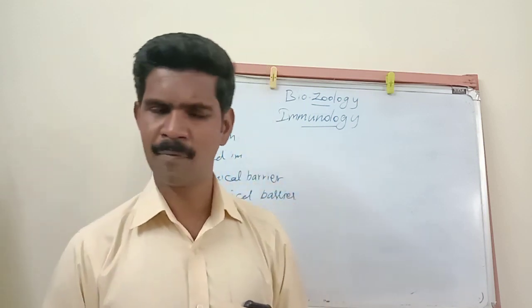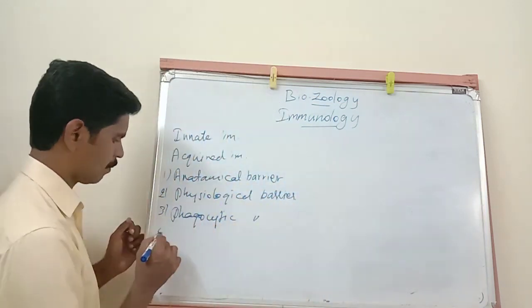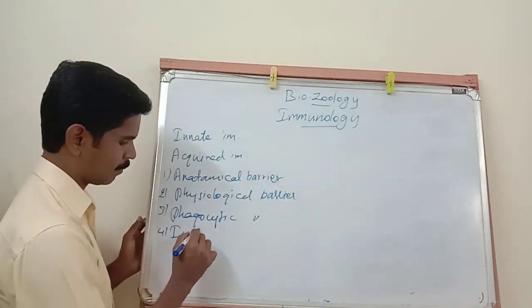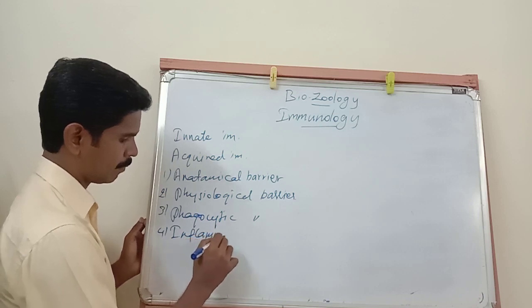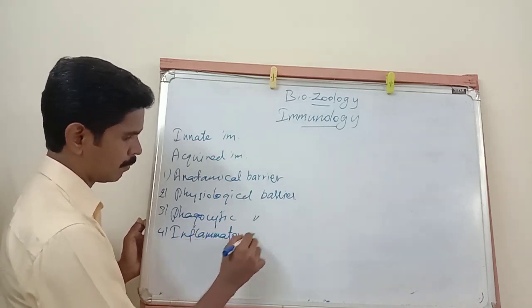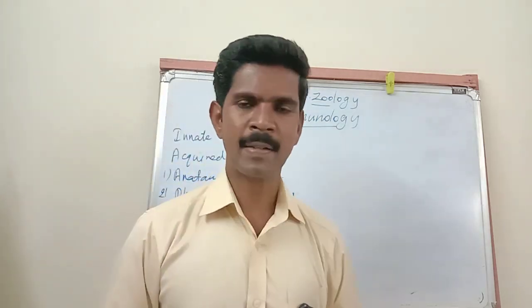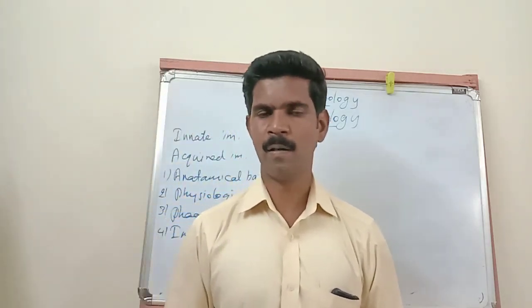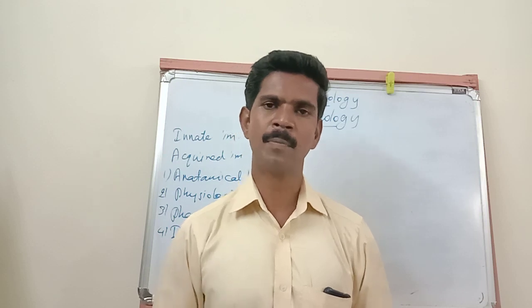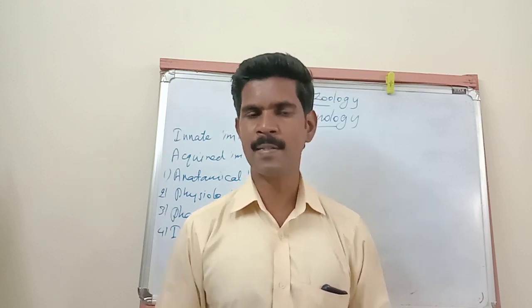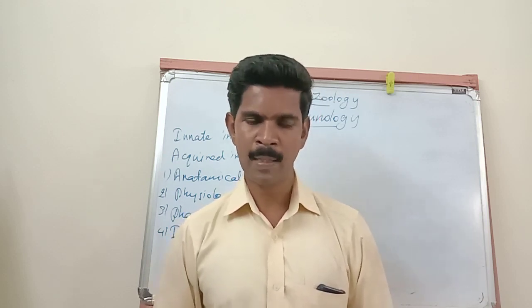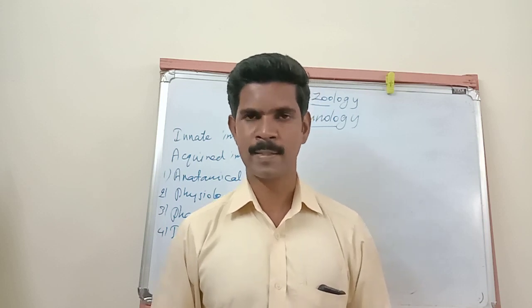Understand? Then, the last barrier is the inflammatory barrier. Inflammatory barrier means when our tissues get damaged or if any injury occurs in our body, in that damaged or injured area, some vascular fluids are released.